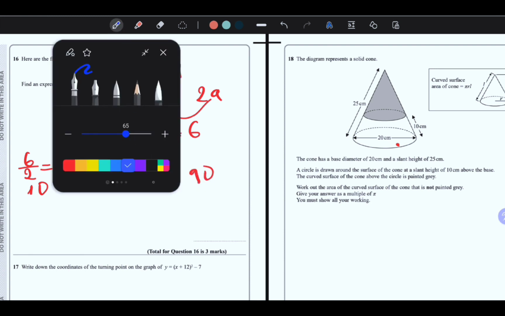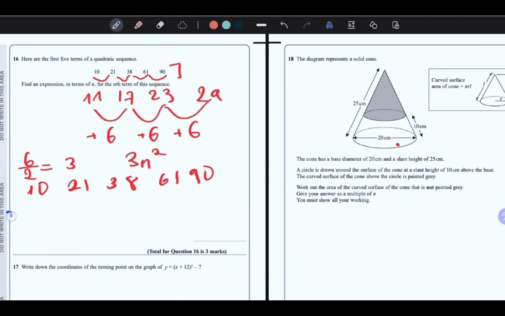I would rather use another color. So the sequence 3n squared would be 3, 12, 27, 48, and 75. So the difference between each of them would be 7.